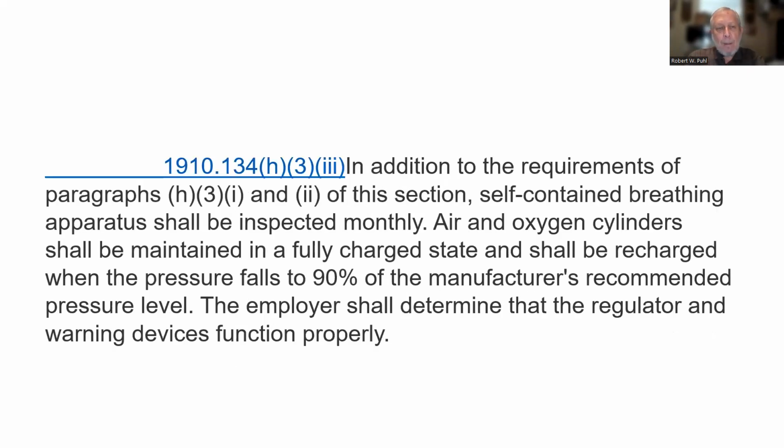In addition to the requirements of paragraphs (h)(3)(i) and (ii) of this section, self-contained breathing apparatus shall be inspected monthly. Air and oxygen cylinders shall be maintained in a fully charged state and shall be recharged when the pressure falls to 90% of the manufacturer's recommended pressure level. The employer shall determine that the regulator and warning functions function properly.